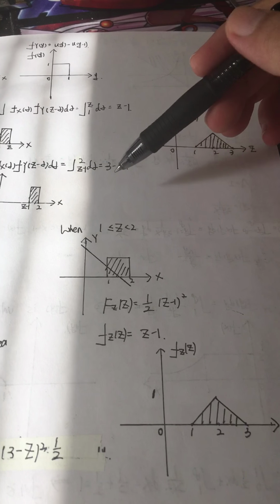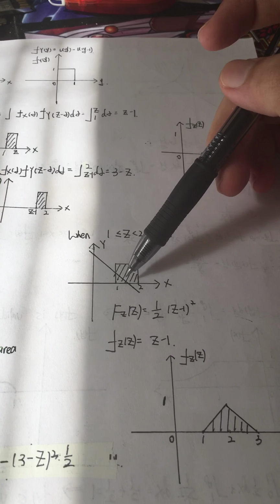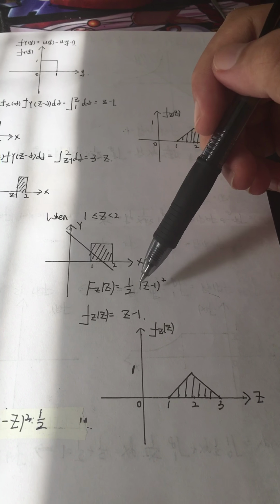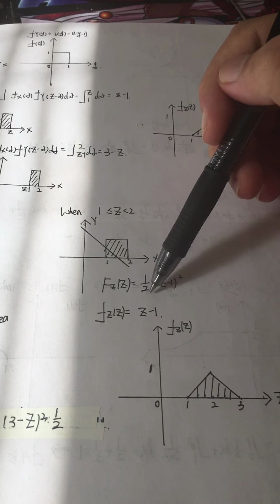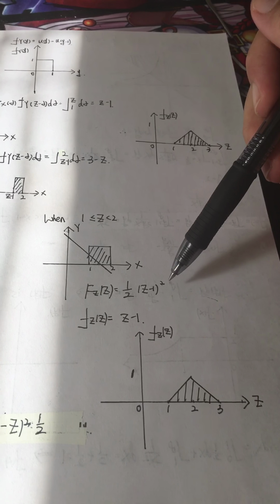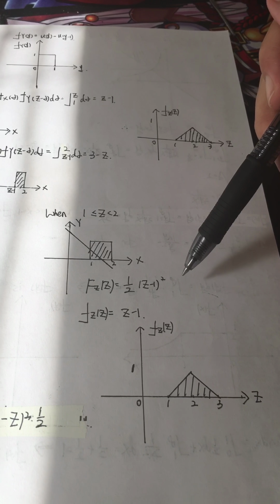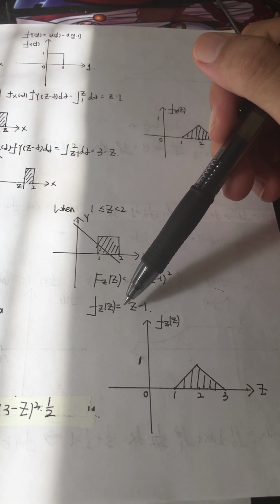Okay, similarly, when z is less than 2 or more than or equal to 1, the intersection is shown as in this figure. We can also first find the CDF of z. It is equal to the square of z minus 1 times 1 over 2, and finally find the PDF of z.